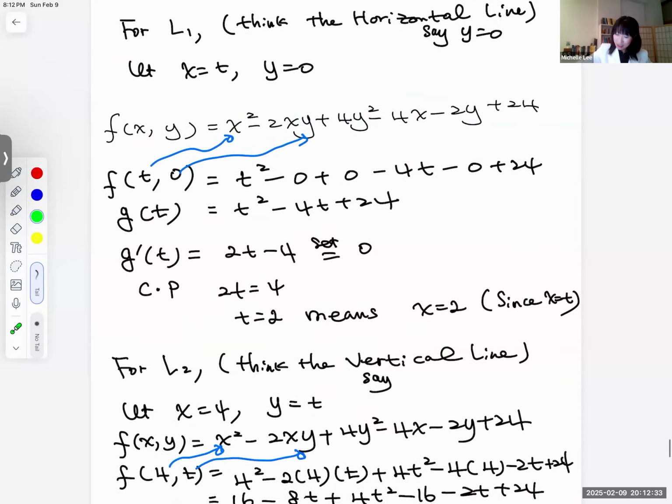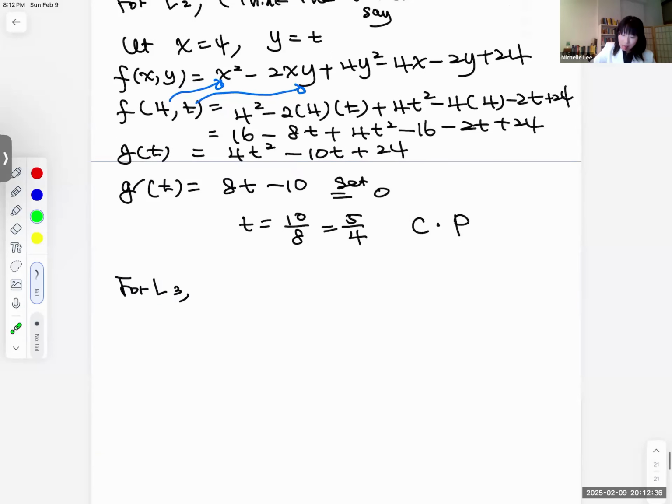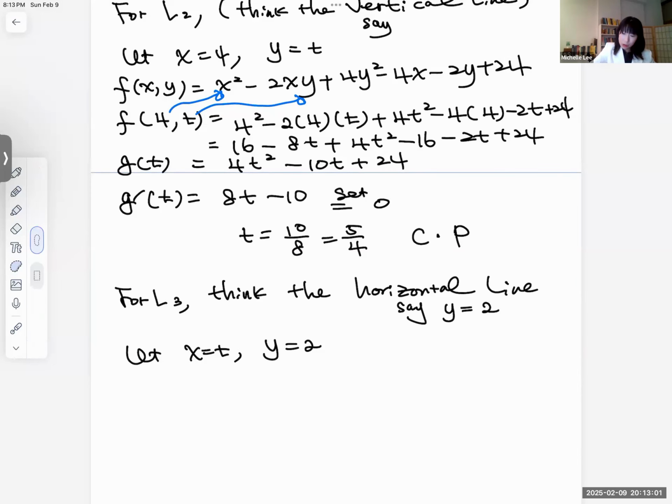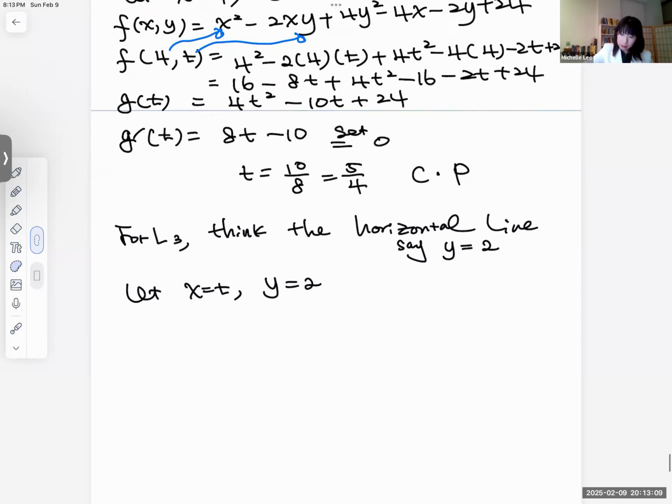Sorry about that. So let x equal to t, y equal to 2. Let me try to copy the function.